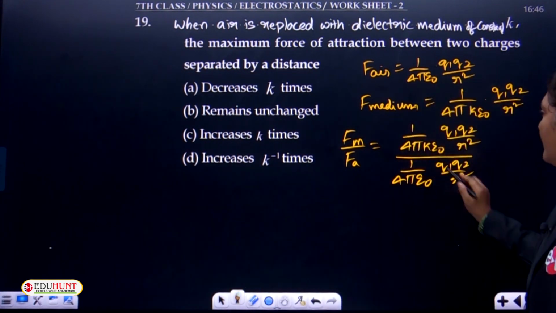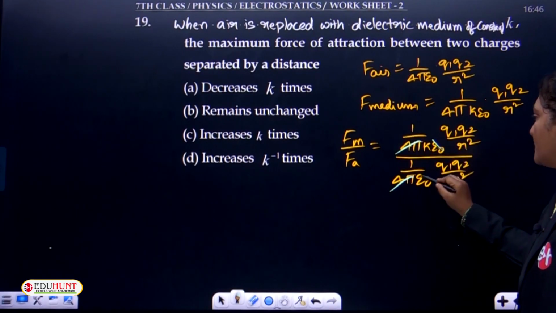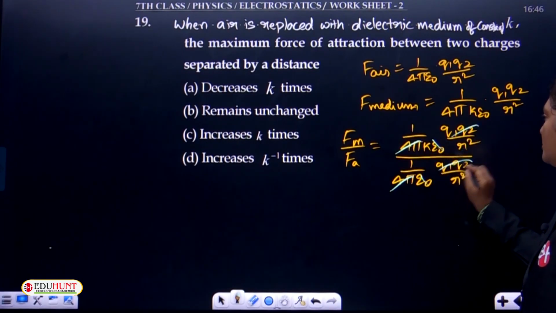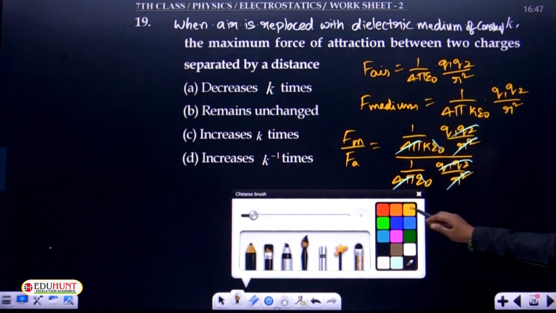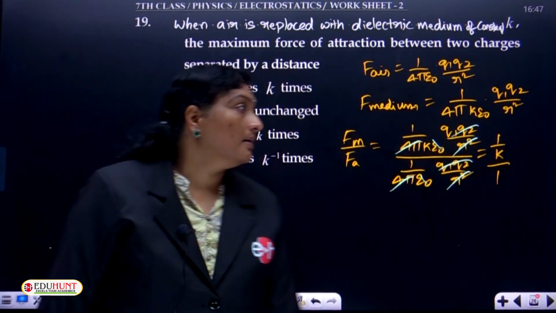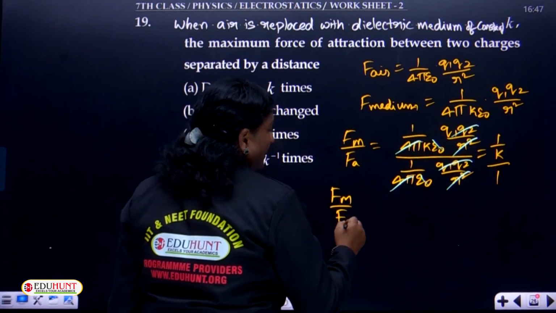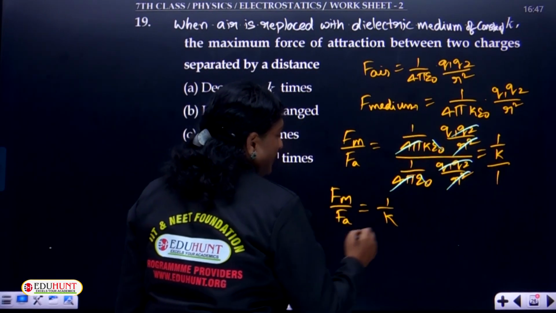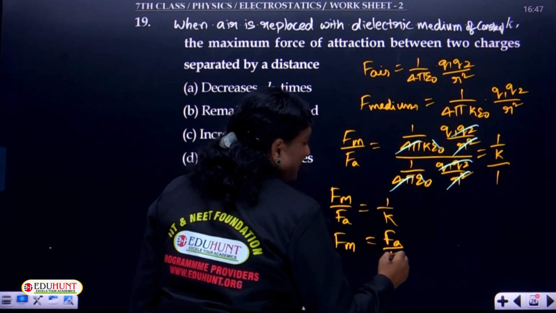Simplifying carefully, 4 pi gets cancelled, epsilon naught gets cancelled, q1, q2, r square gets cancelled. So, finally, you are left with 1 by k whole upon 1. Hence, the value of Fm upon Fa is given as 1 by k, or Fm is equals to F air by k.